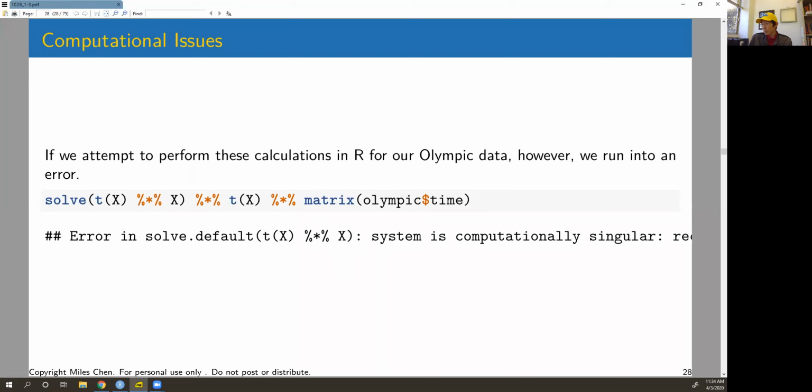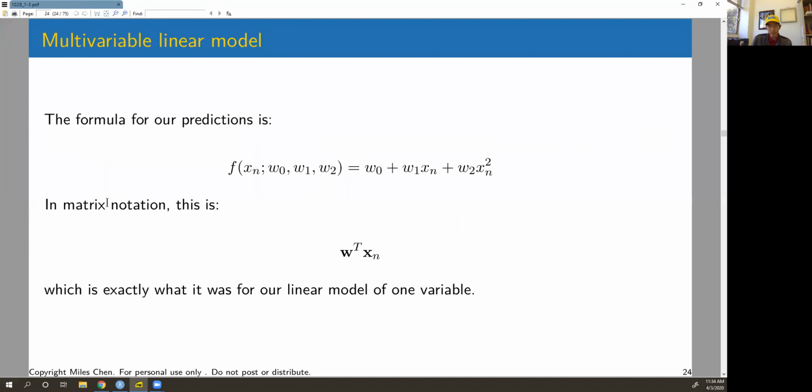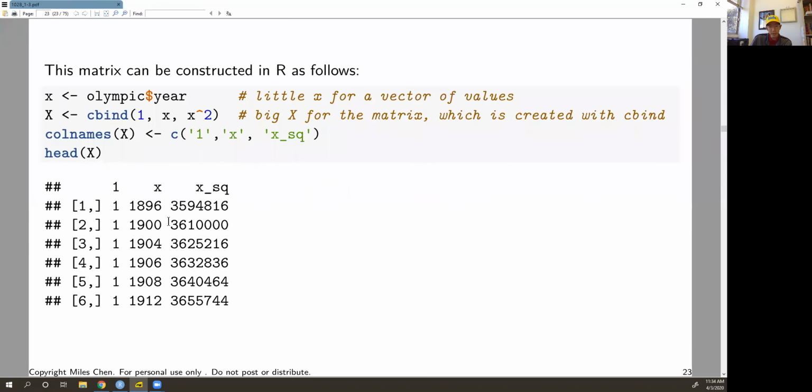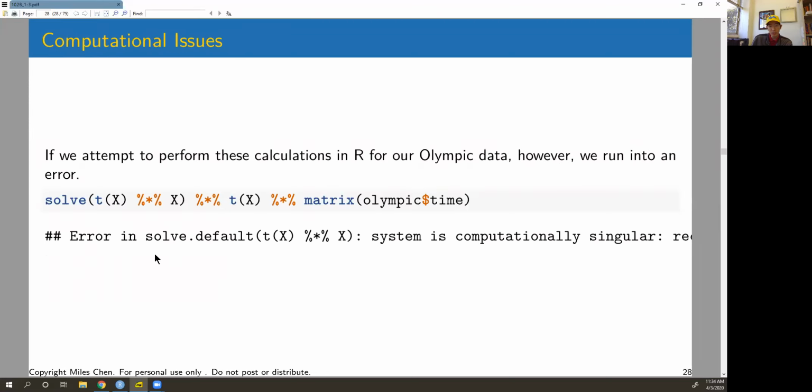But what is going on here is, if I try in the next step, back here on slide 23, I created my X matrix. I took my column of 1s, my column of X's, and then X squared, and so X is a big matrix that's n by 3. And when I say, well, let's do X transpose X inverse times X transpose times T, R gives me an error.